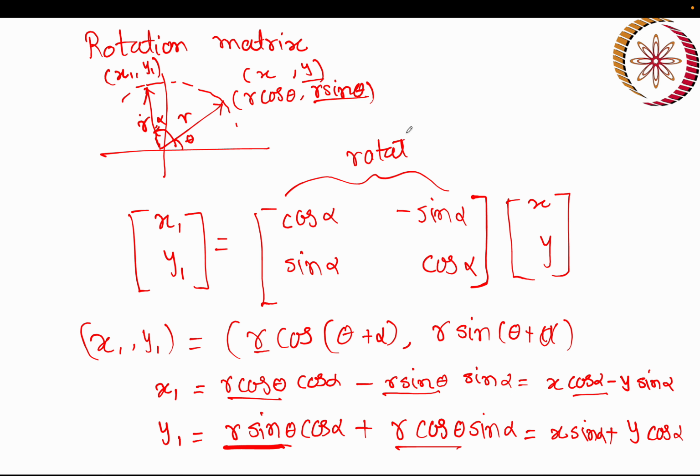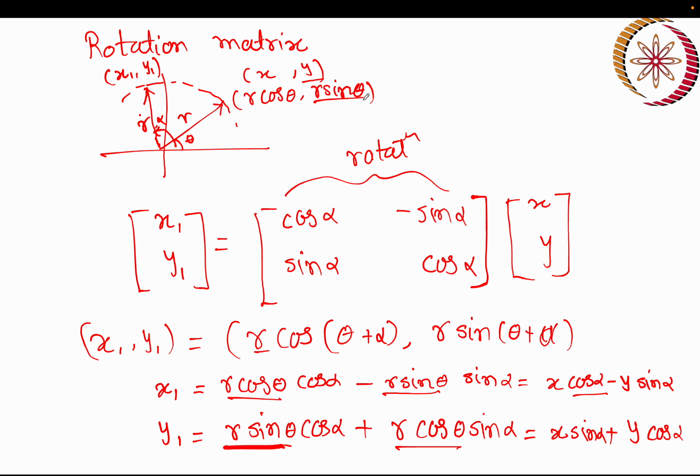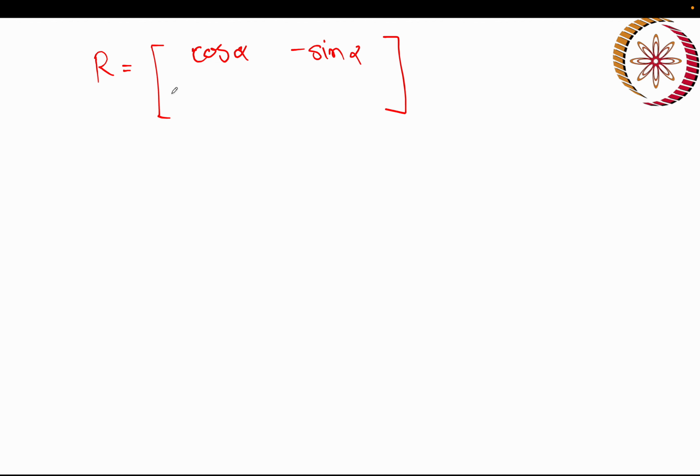So this is the rotation matrix. Let's take the transpose and see what happens. This rotation matrix is cos alpha, minus sin alpha, sin alpha, cos alpha.